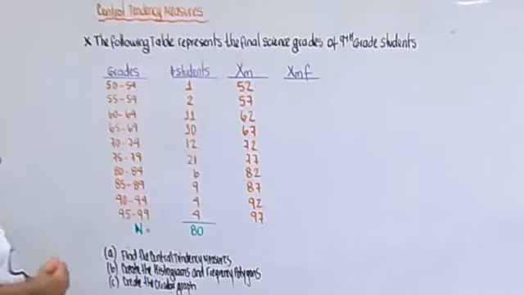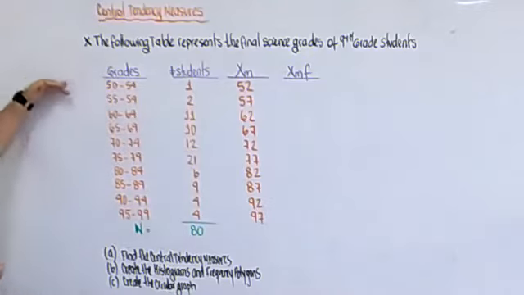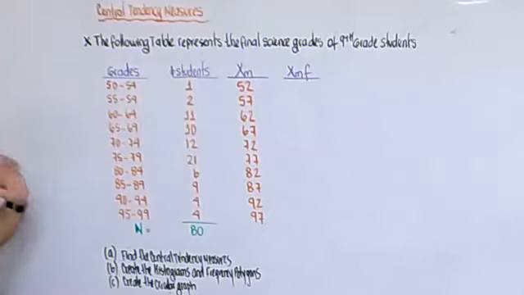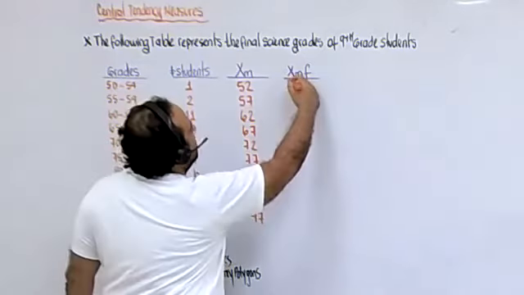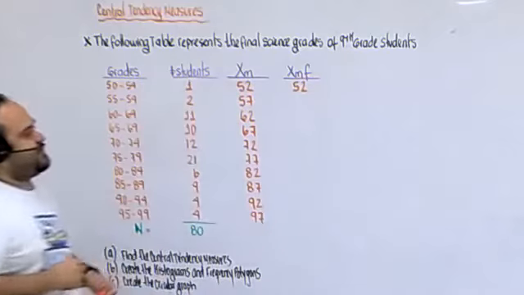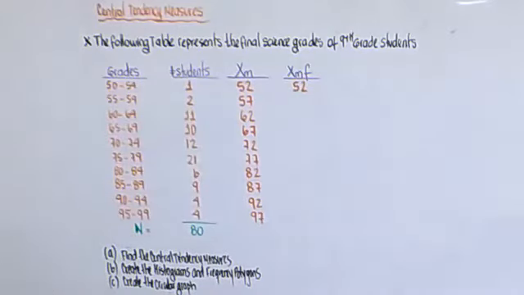So let's continue. Basically, the most important thing before answering the questions is to complete the table with the required values, okay? So, the first one will be 52 because 1 times 52 is 52.